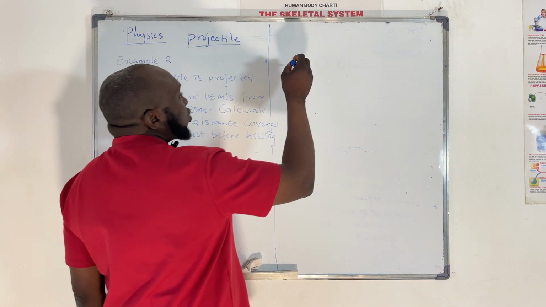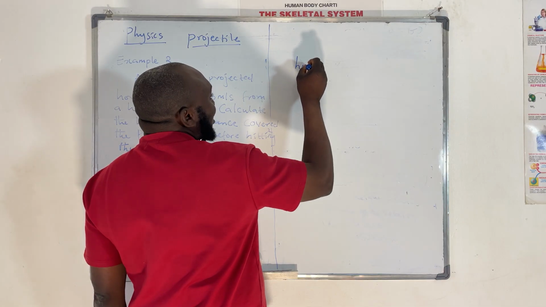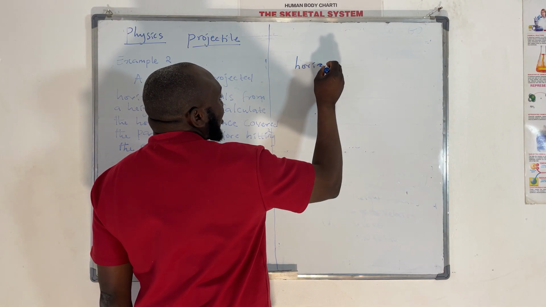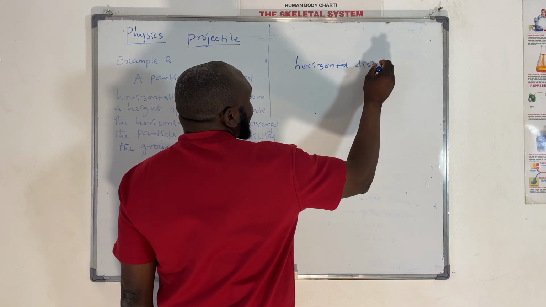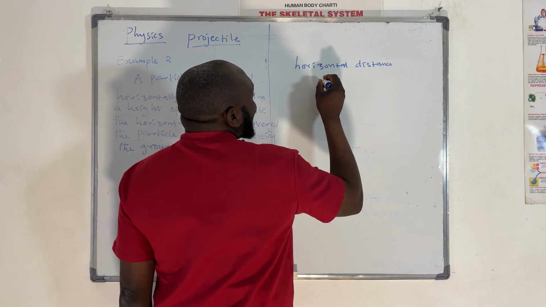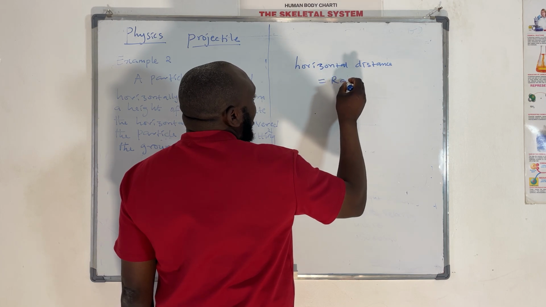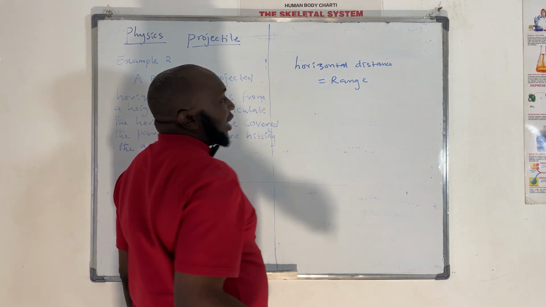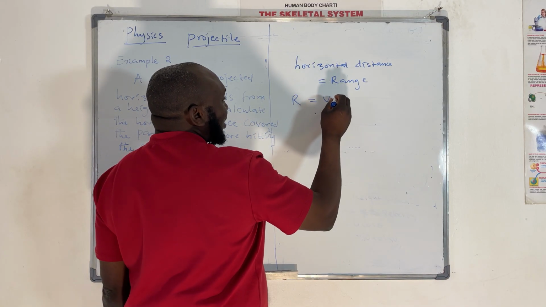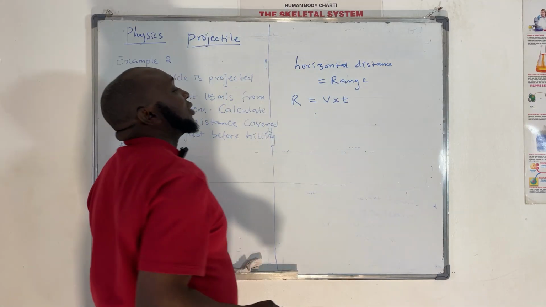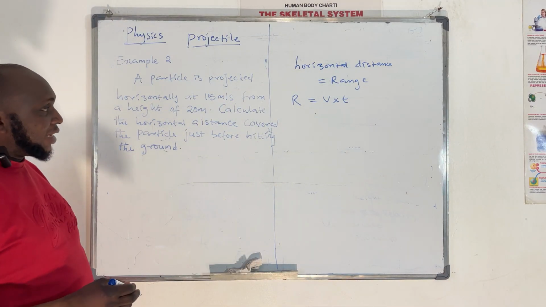And in this question, horizontal distance is equal to range of a projectile, and range is velocity times time.